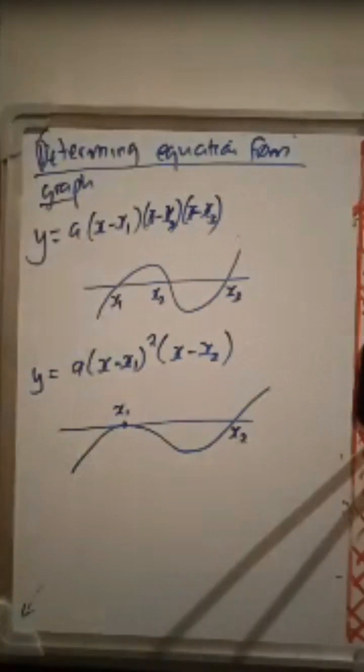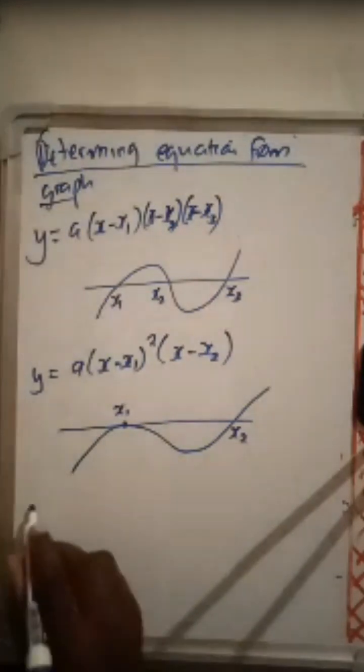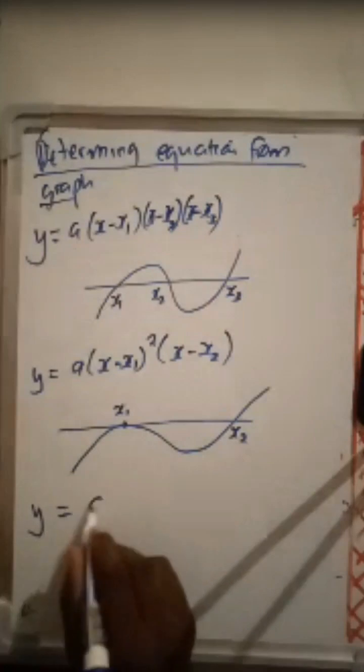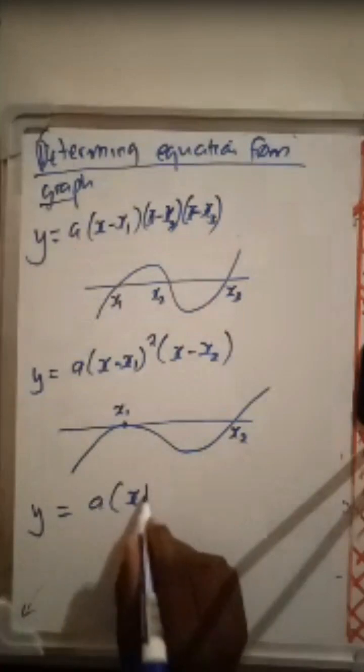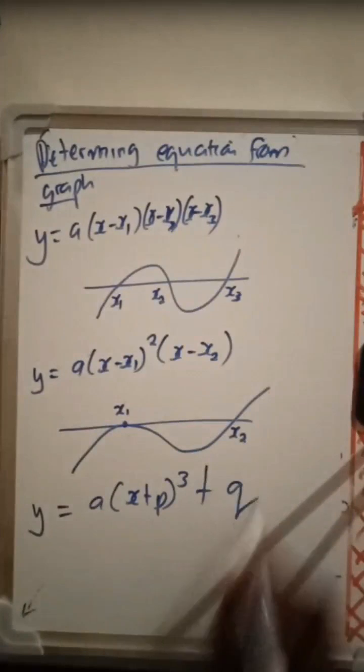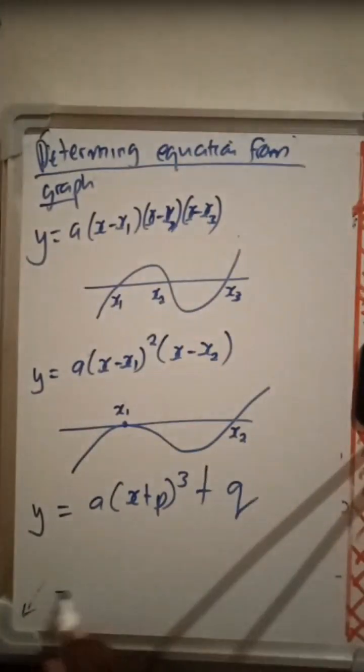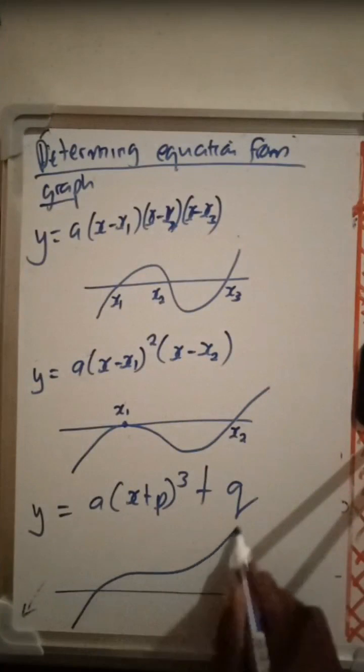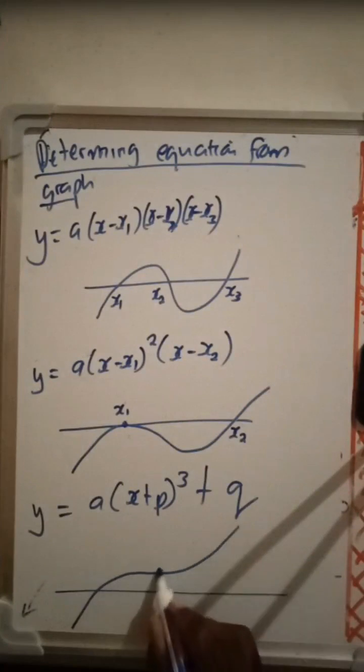Sometimes a cubic function has the x-intercept, but it only has one. Those ones are of this nature, y equals a(x plus p) cubed plus q. How are they like? This one is like that, where we are only having one turning point there.